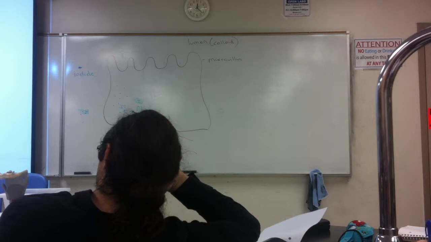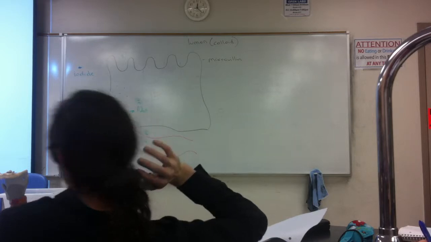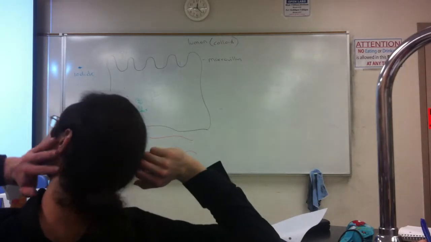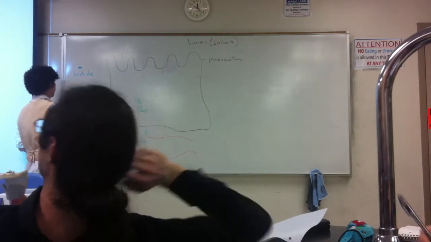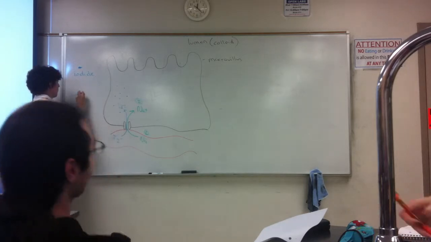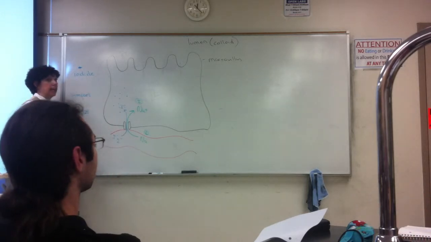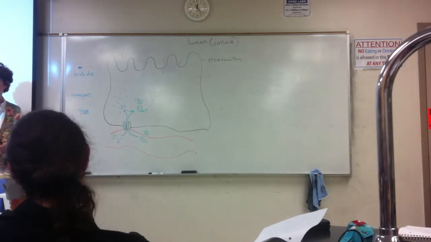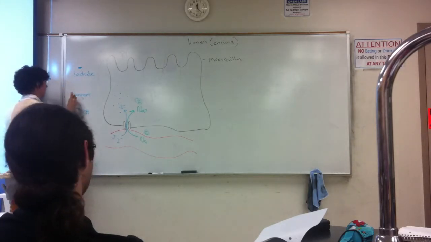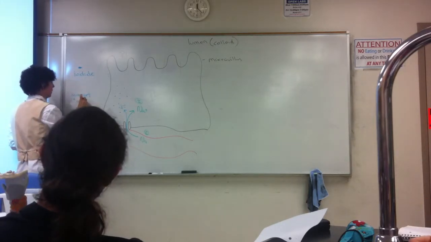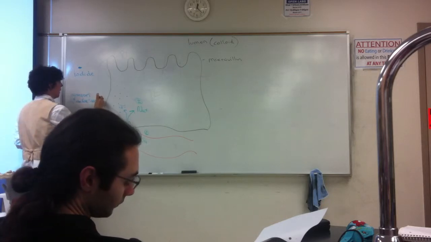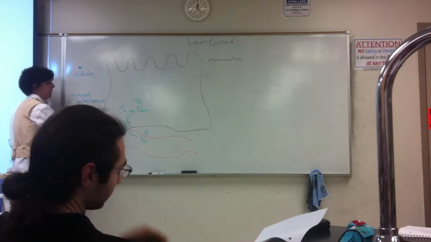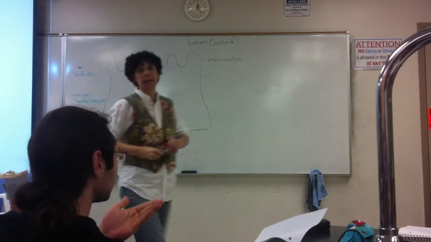Sodium went out of the cell, and potassium went into the cell. So if that's an antiport, what would we call this one? A symport. And instead of active transport, we call it secondary active transport, or secondary transport. It doesn't require ATP for that particular pump to work.